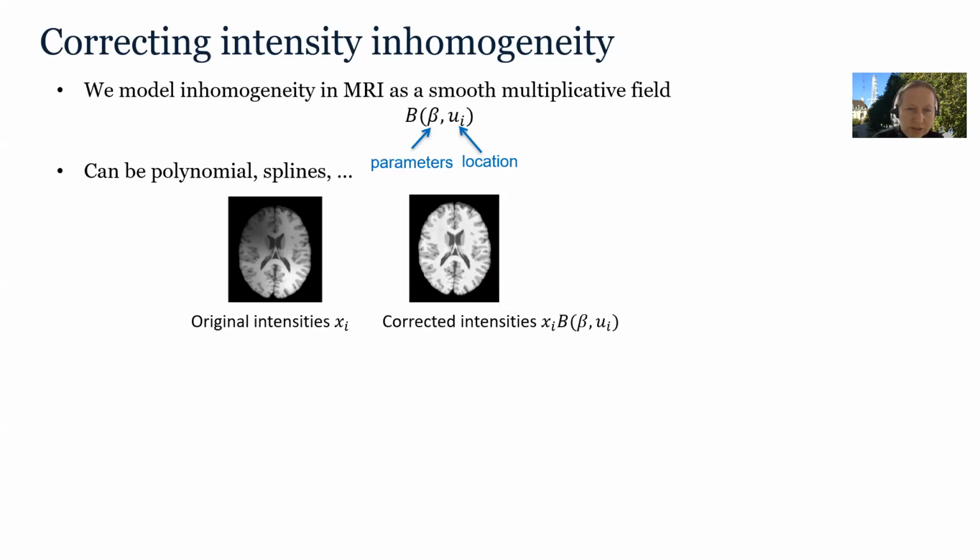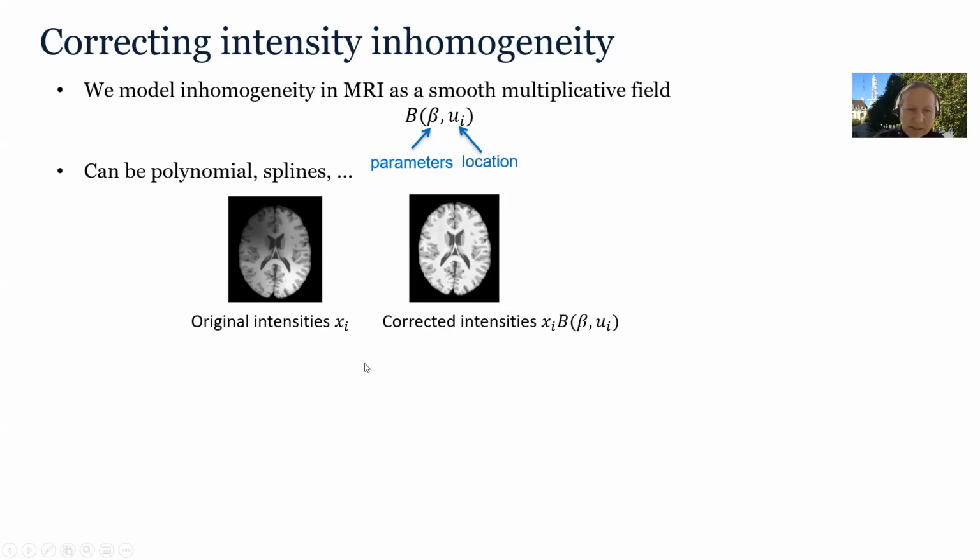And in MRI, this is a smooth multiplicative field that I denoted here B. This field is parameterized by some parameters beta, and it also depends on the location of the voxel, which we denote u_i. So what are these beta? The field B can be parameterized as a polynomial or through splines. And in this case, the beta would be just the polynomial coefficients or control points of the splines.